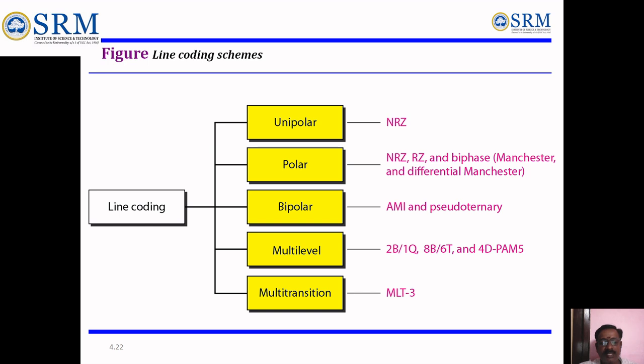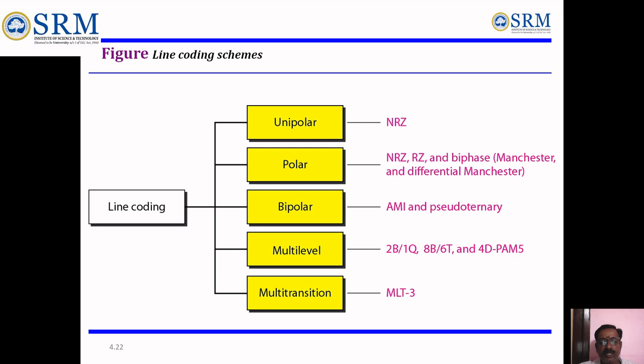Line coding schemes. There are 5 schemes available in line coding. One is unipolar, second is polar, third is bipolar, fourth is multi-level, and fifth is multi-transition. So each scheme has its own techniques. Unipolar has non-return to zero.